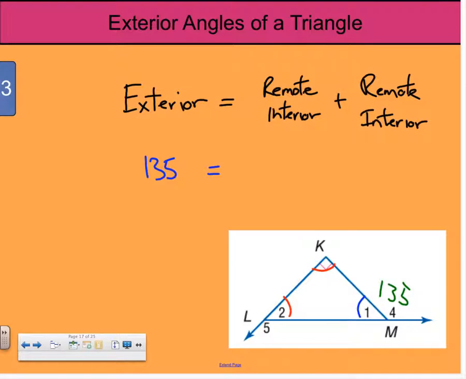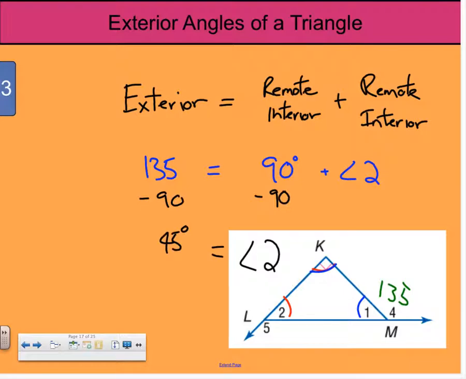We know that one of these angles, this one here, is 90 degrees, but we don't know what angle 2 is. So angle 2 plus 90 degrees should equal 135. That presents us with a very simple equation. If I subtract 90 from both sides, I know that angle 2 is equal to 45 degrees.